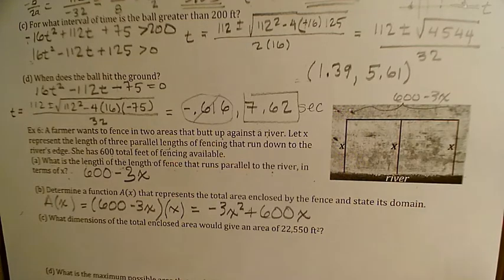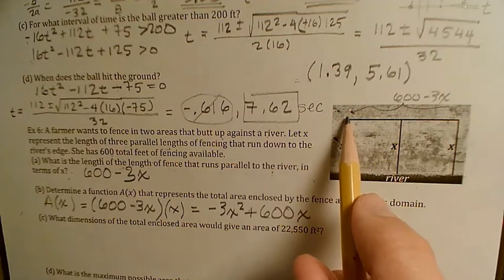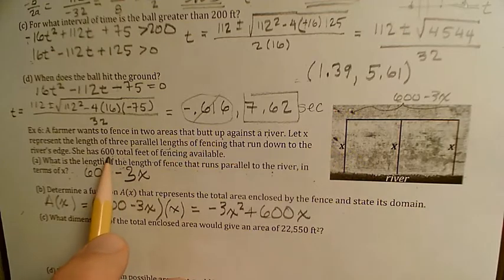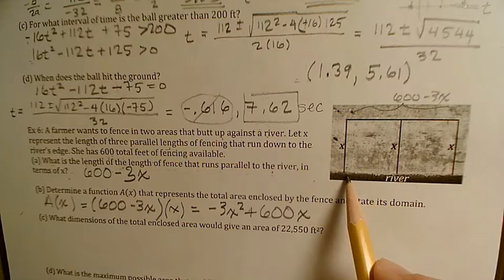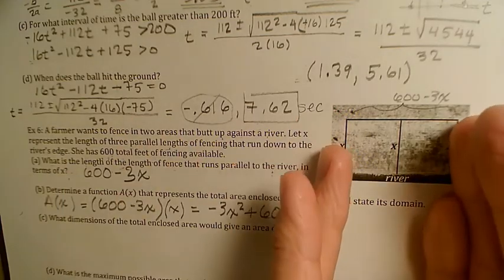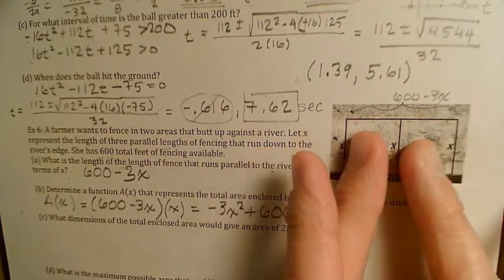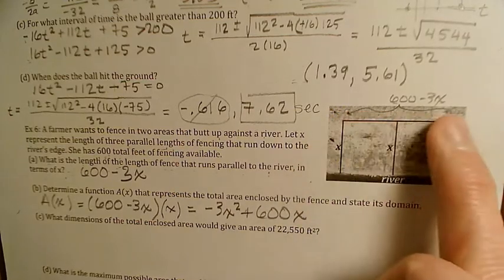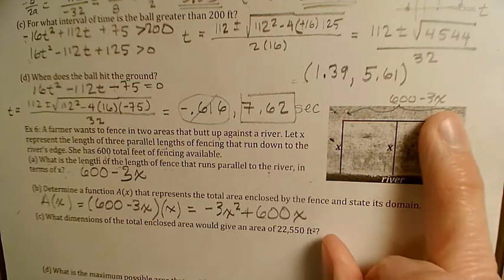So how big or how small could x be? Well, let's think about that for a minute. So how big can x be? Could x be 500 feet long? No, because we wouldn't have enough fence to do that, right? So the biggest that x could be is if these three parallel lines were really close together, in which case this length up here would almost be 0 or essentially 0.